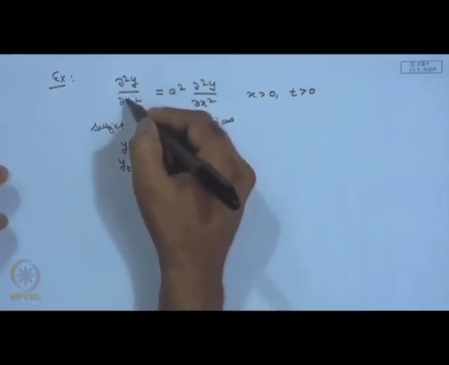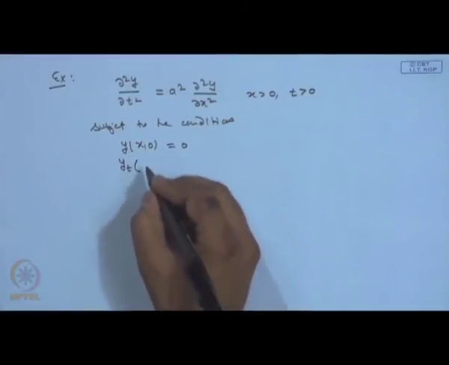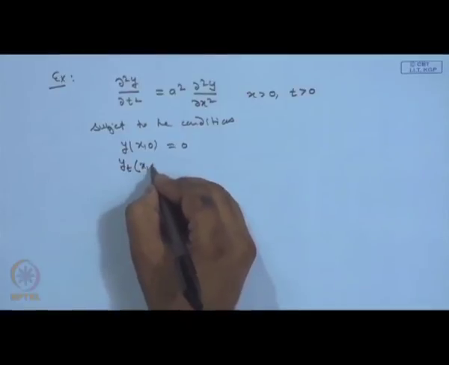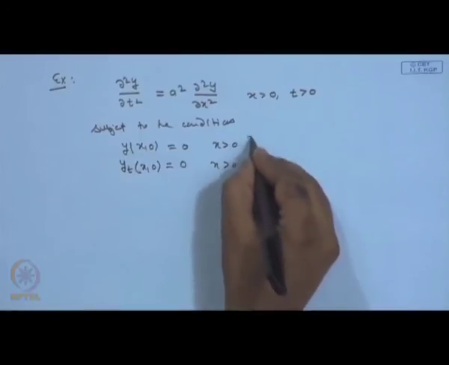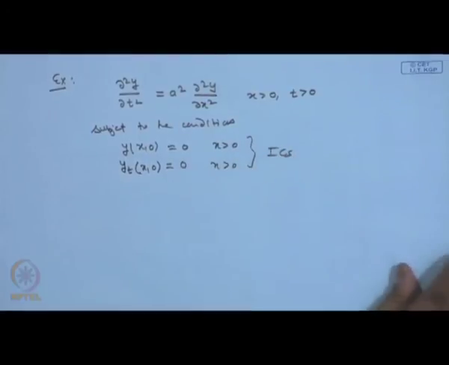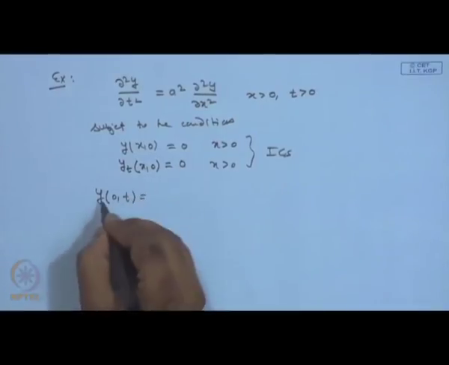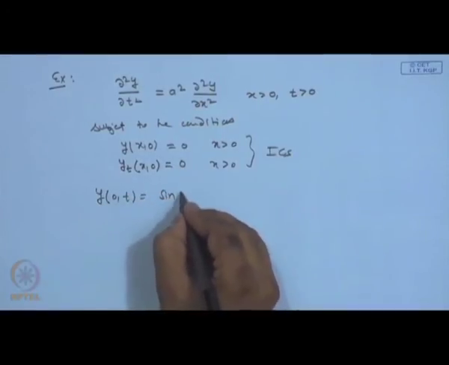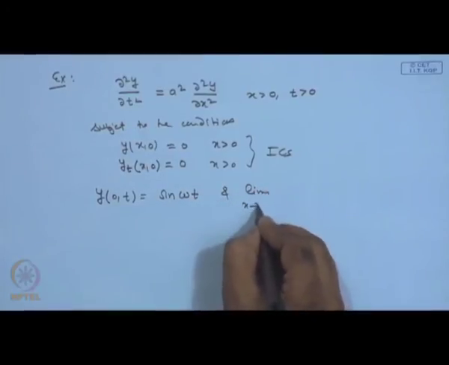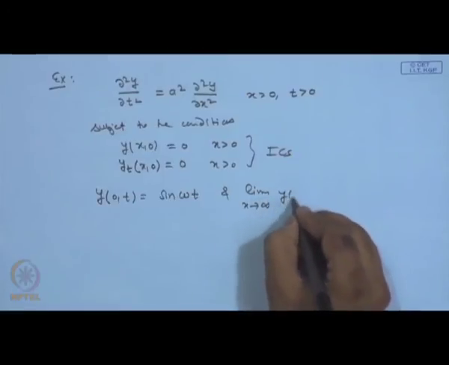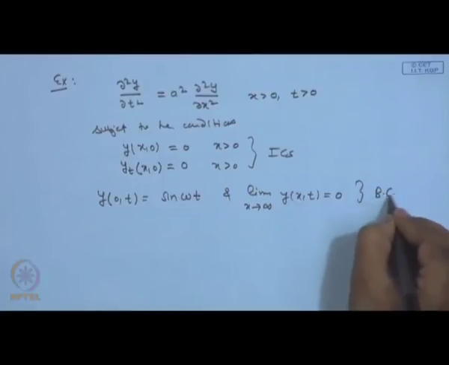So, we have the double derivative with respect to t, so we need two initial conditions. So, partial derivative of y with respect to t at x and 0 is also 0. So, these are for x positive, these are our initial conditions, and then the boundary conditions we have at 0 t. So, at x is equal to 0 we have the function sin omega t, and the limit x approaches infinity y x t is 0. So, these are the boundary conditions.